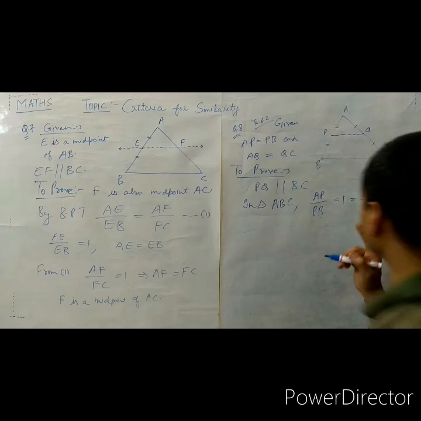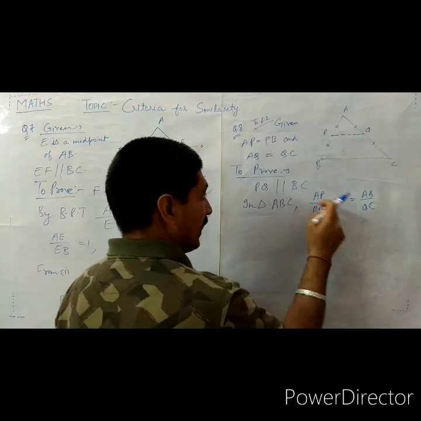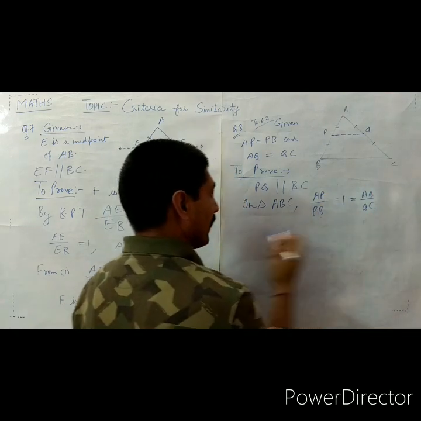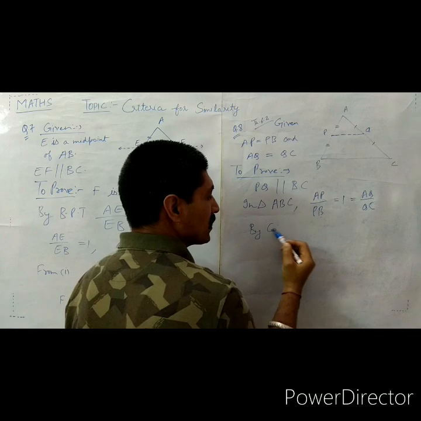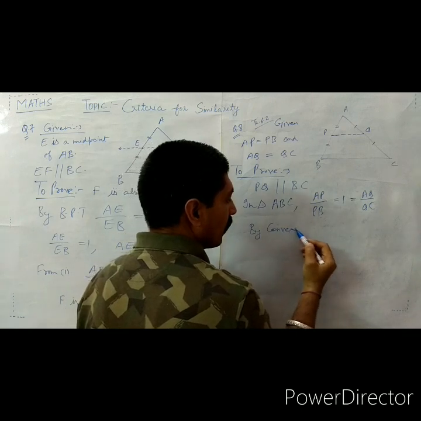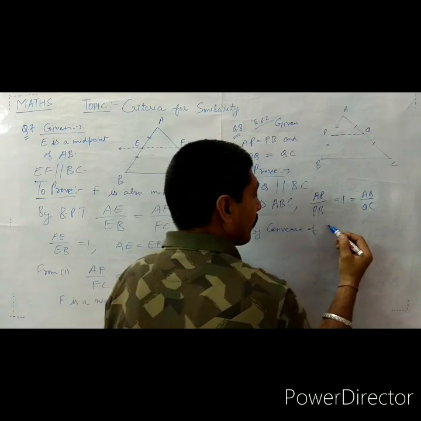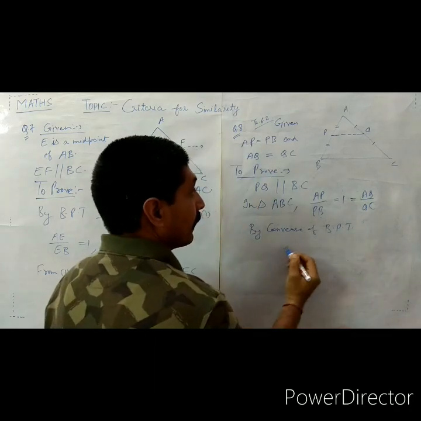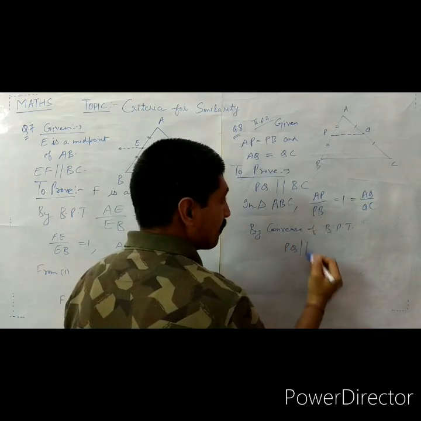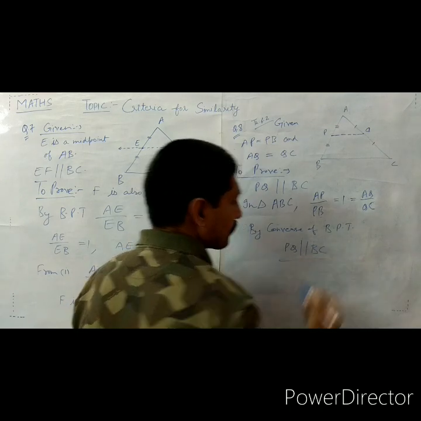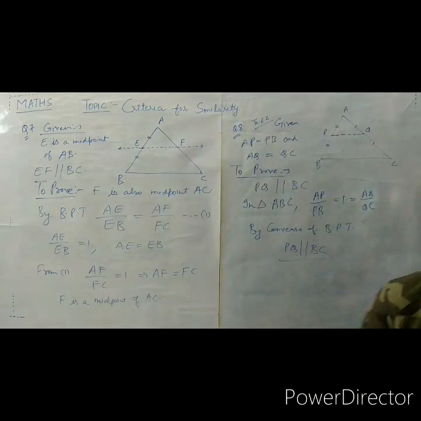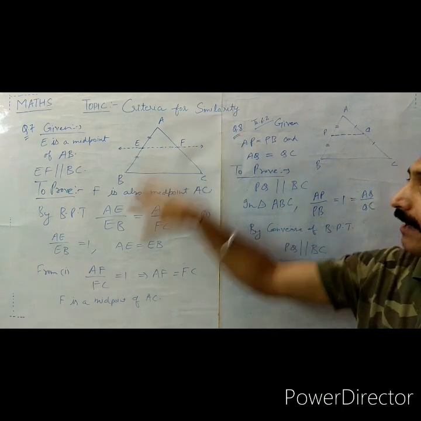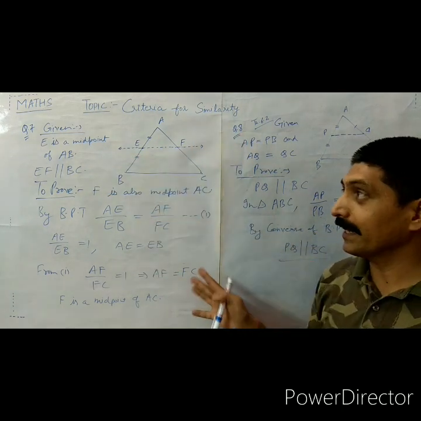Okay, so if AP upon PB is equal to AQ upon QC, then by the converse of the basic proportionality theorem, we have PQ is parallel to BC. In both question 7 and 8, we solved these in grade 9.